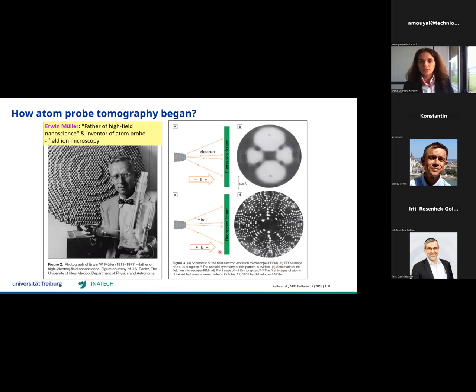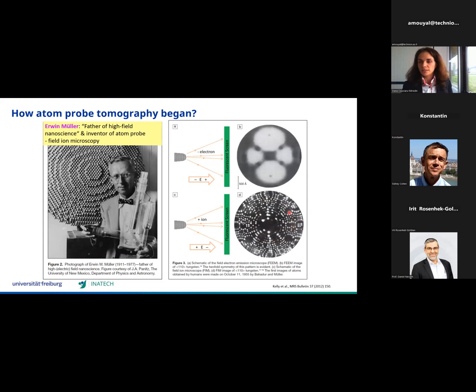And what we get, for example, if we have a tungsten needle, is this type of image. So these are film images, so-called field ion microscope images, where we can image the position of the atoms on the surface of the needle.